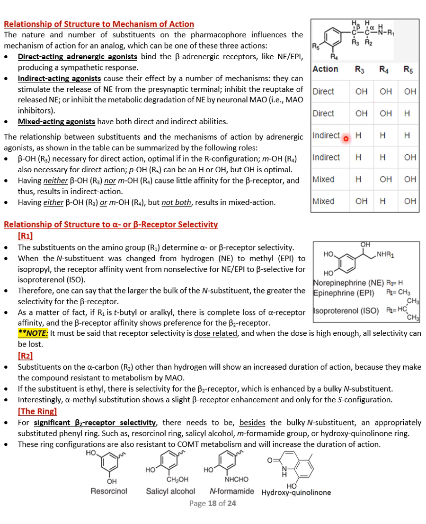So just a brief or quick description. If both R3 and 4 have an OH, so this is R3 and this is R4 at the ring, then it would be a direct. If none of them have an OH group, then it would be indirect mechanism. And if one of them has an OH and the other one does not, then that's a mixed.